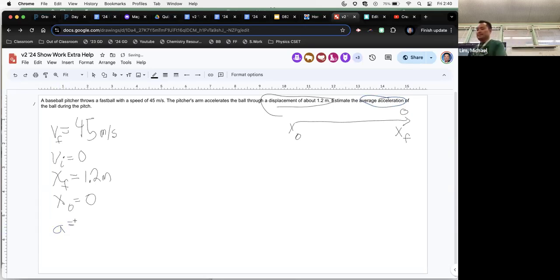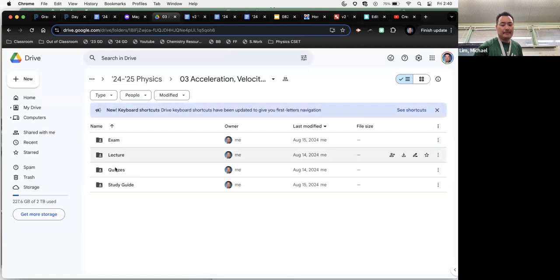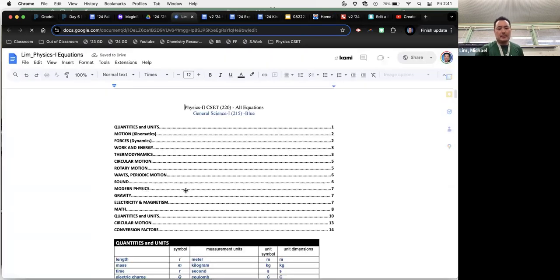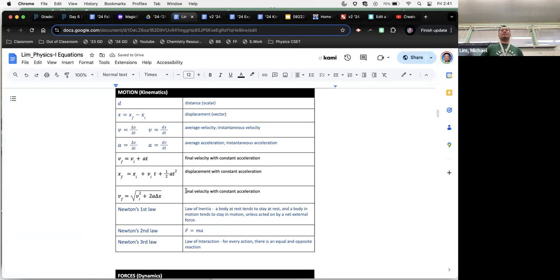Now go to your packet and find me the equation for A. You have your packet, second page. There's constant and then there's average.